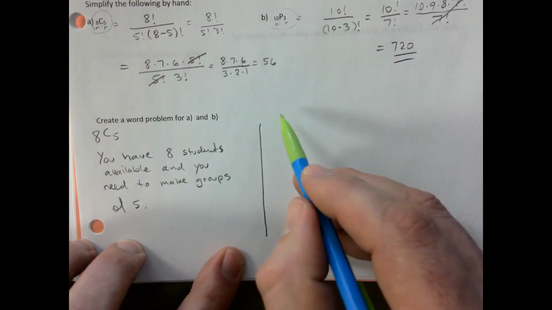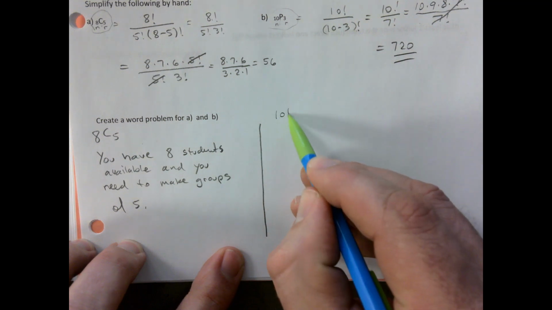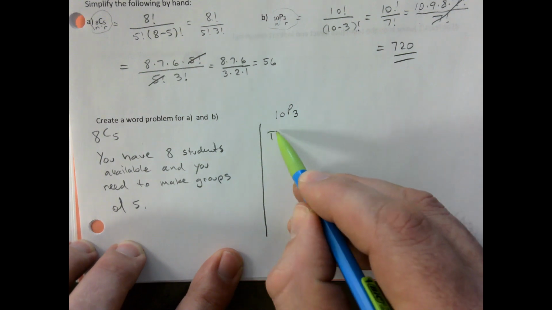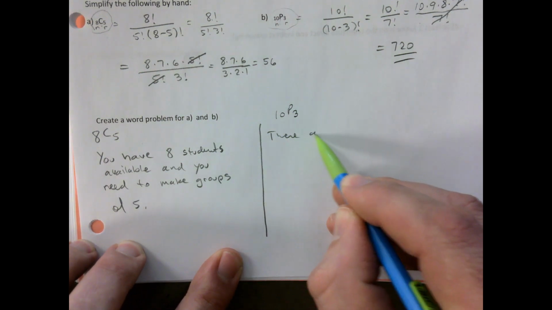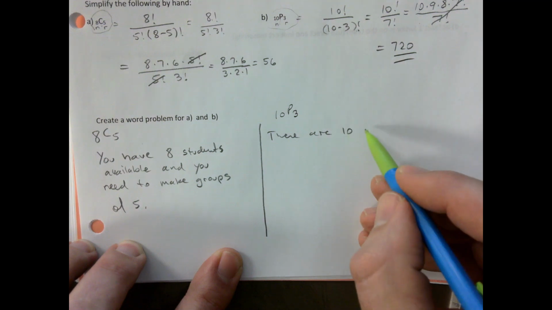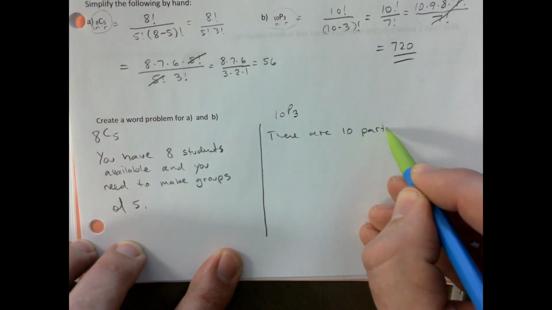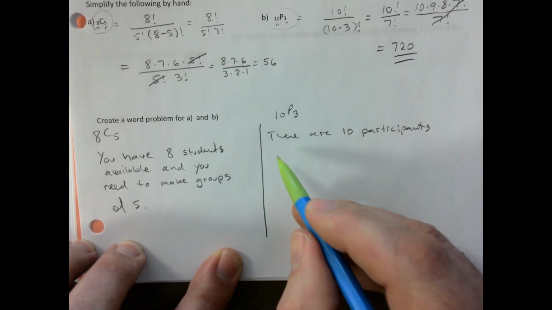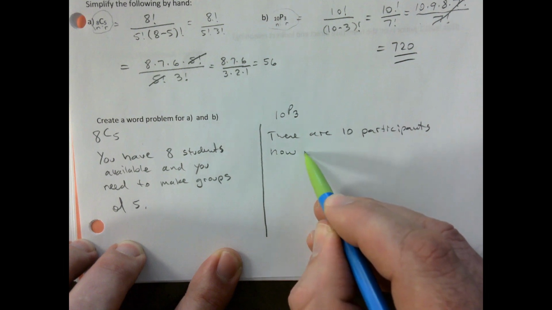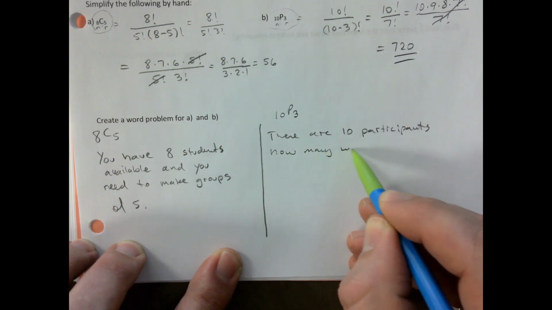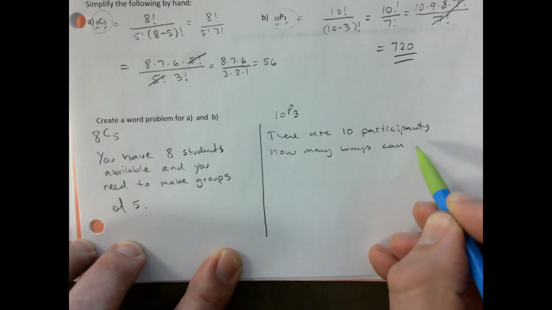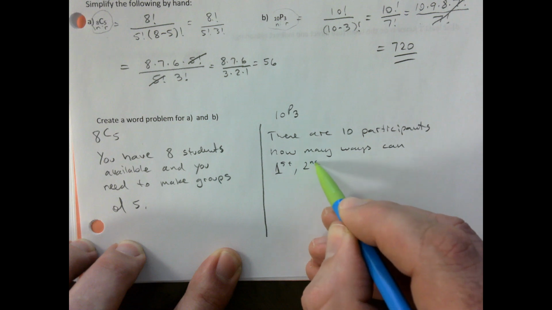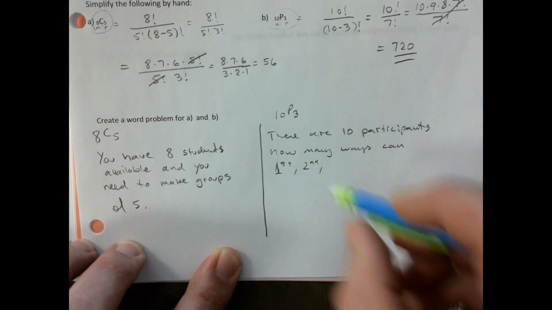What about this one, 10P3 in this case? There are 10 participants, just to not always pick on students. 10 participants. How many ways can first, second, and third place be awarded?